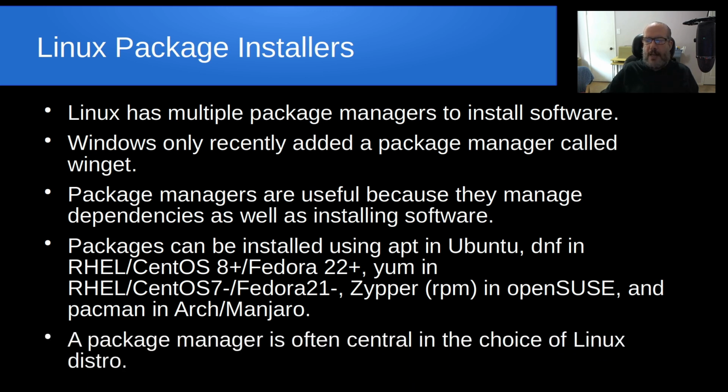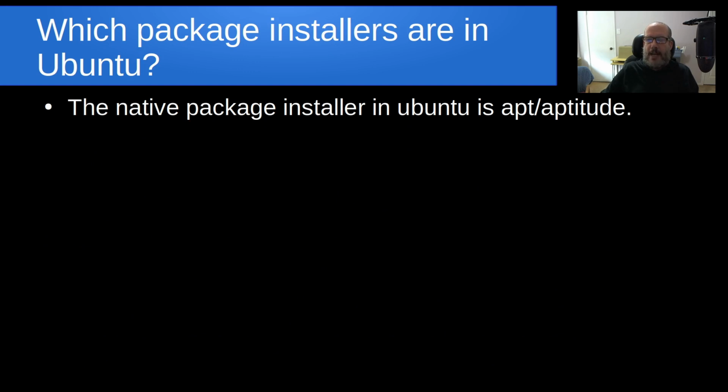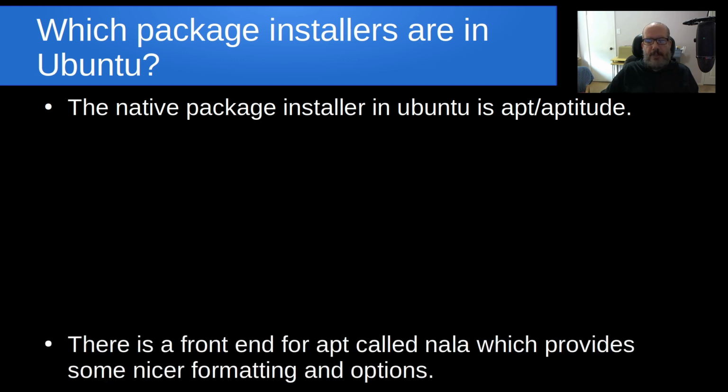A package manager is often central in a person's choice of one distro versus another. Which package managers are in Ubuntu? Well, the native package installer in Ubuntu is apt or aptitude.